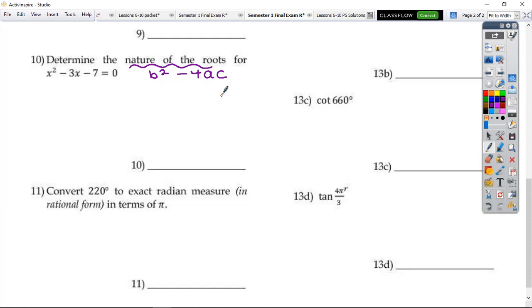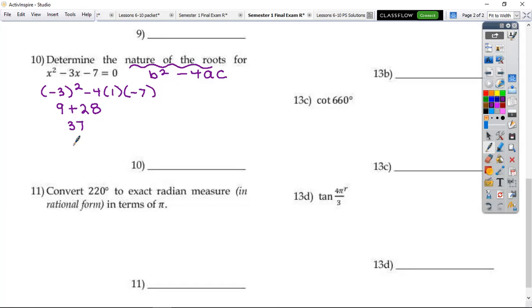So you sub in. So I'm going to do -3 squared minus 4 times 1 times -7. I get 9 plus 28, which is equal to, yep. And now you look at 37. The first thing you might want to rule out is 37 negative. No, so this is not imaginary.